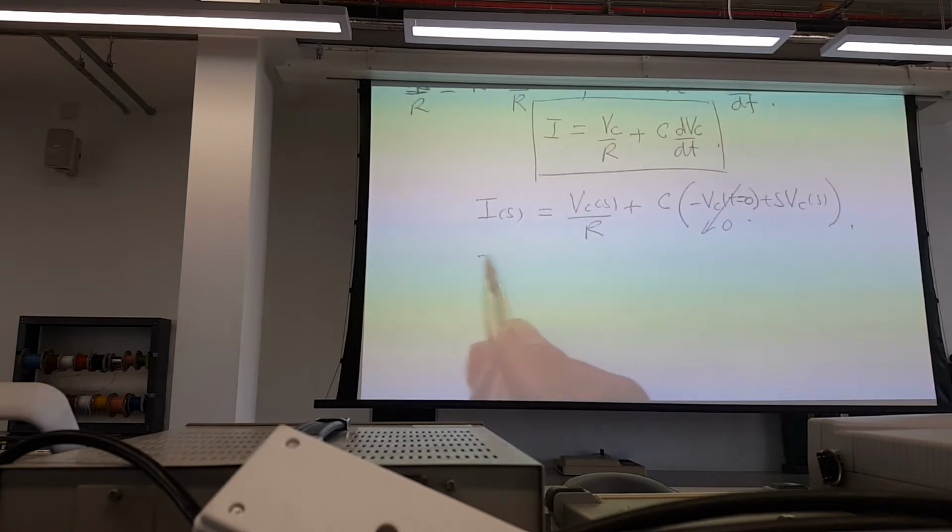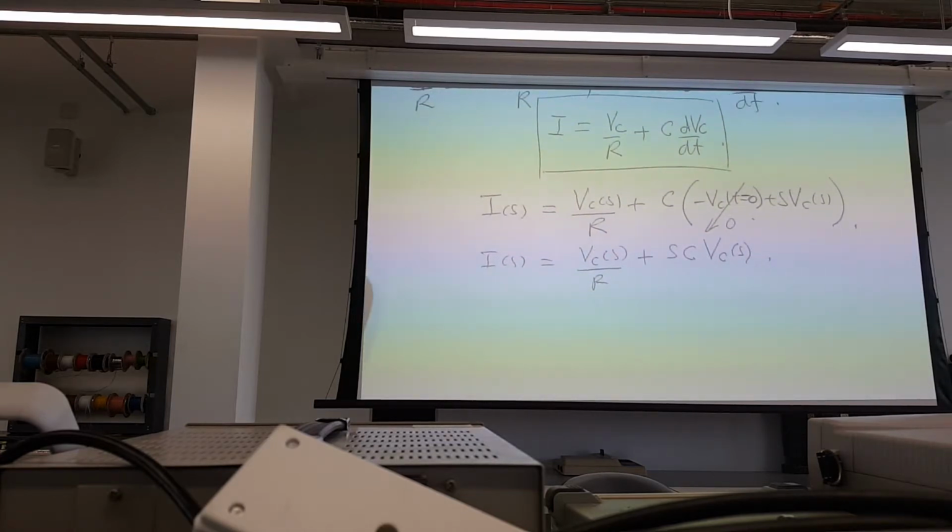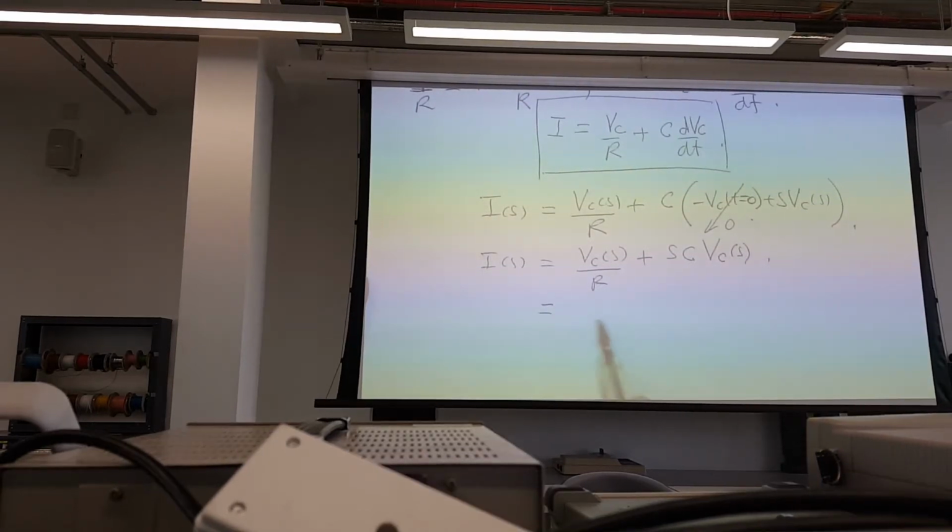It becomes I as a function of S is VC as a function of S over R plus SC. VC of S, like that. And we can rewrite this as VC of S into 1 upon R plus SC.